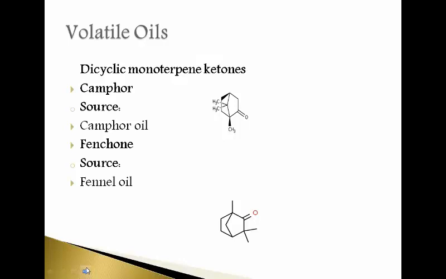Camphor is present in camphor oil, and it has 2 rings in the structure with 10 carbons, being a monoterpene. Whereas fenchone also has 2 rings in its structure and 10 carbons, because it is also a monoterpene with a ketone group. It is present in fennel oil.